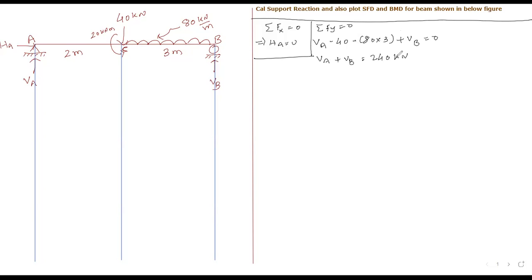Now my question to all of you is that this 20 kN moment should be considered in sigma fy. Type in chat box, yes or no. I want answer from all the students. There are 21 students in the group.